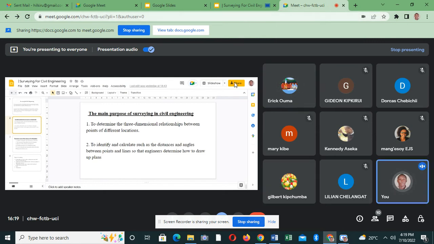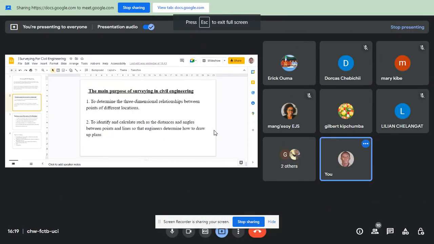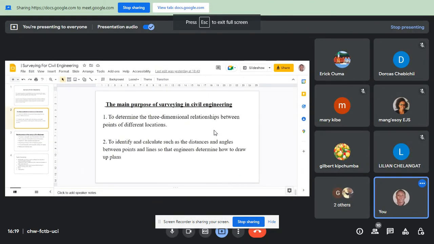You can see on the screen. Determine the three-dimensional relationship between points of different locations. What are those points? If you can name them, three-dimensional points. Which one and which one?